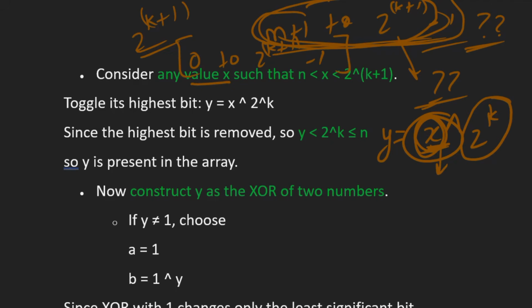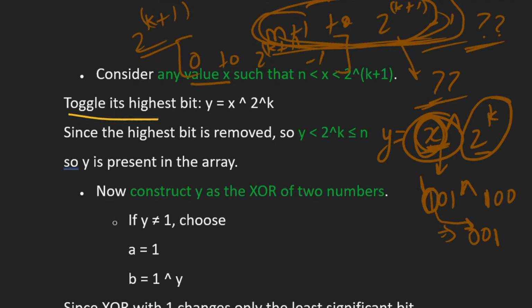So let's say our x is 5, that is 101, and then we XOR with 4, that is 2^k, the smaller power of 2 than x. So what answer do we get? We get 100. So we can see the highest bit of this number has been toggled.